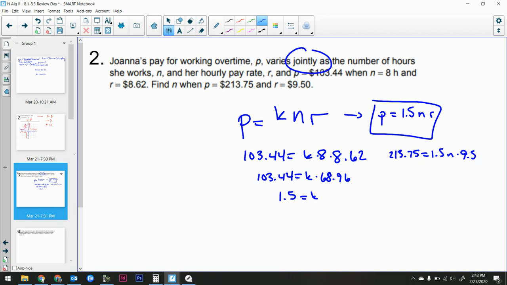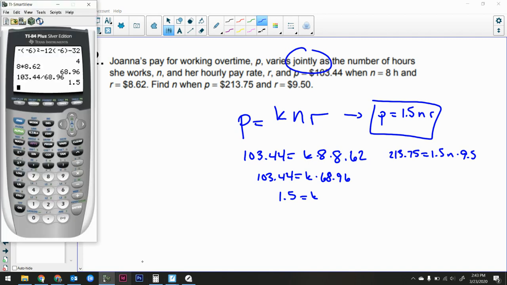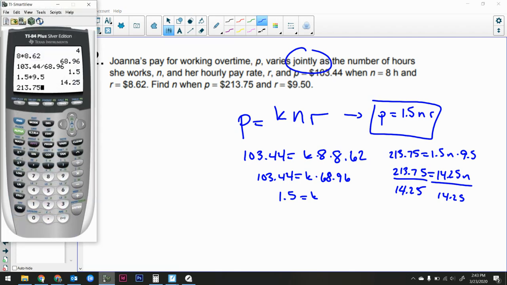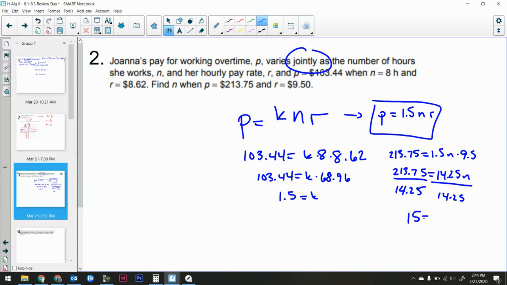All right, so we say 1.5 times 9.5 on the other side. 1.5 times 9.5 gives me 14.25. 213.75 is equal to 14.25 N. Then I divide by 14.25 over to the other side. 213.75 divided by 14.25 gives me 15. 15 is equal to N, so she worked 15 hours. Okay, all right.